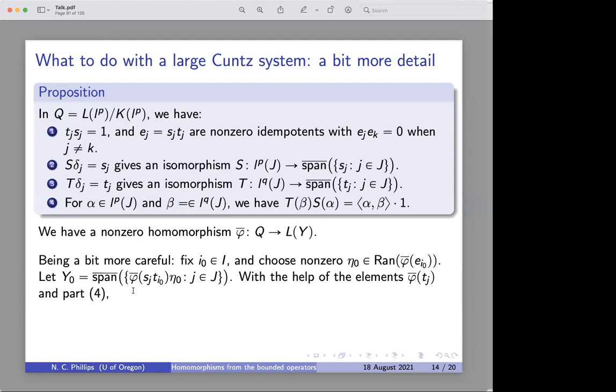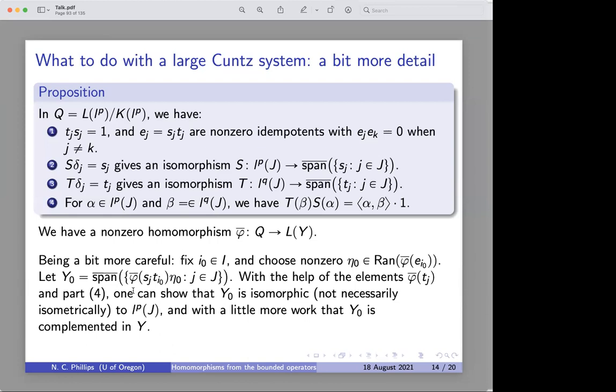You can actually prove that, first of all, Y0 is isomorphic, although not necessarily isometrically isomorphic, to little LP of the index set. And moreover, with a bit more work, it's actually a complemented subspace of Y. I won't go through that part. Time is somewhat short. But now the bounded operators on little LP of J are contained in L of Y. And for the same cardinality reasons, phi bar cannot possibly be surjective.